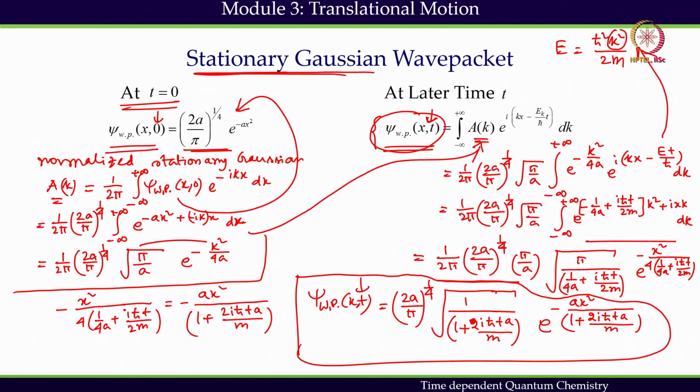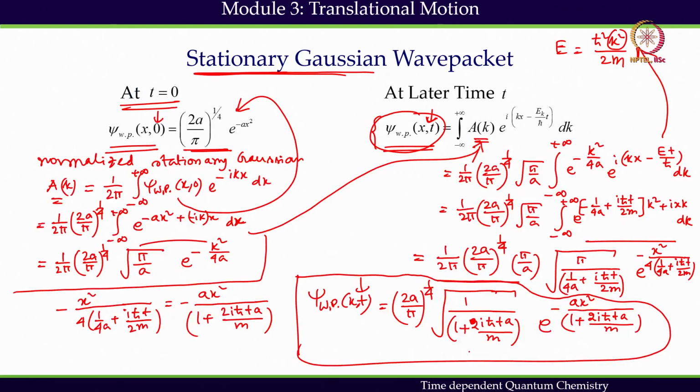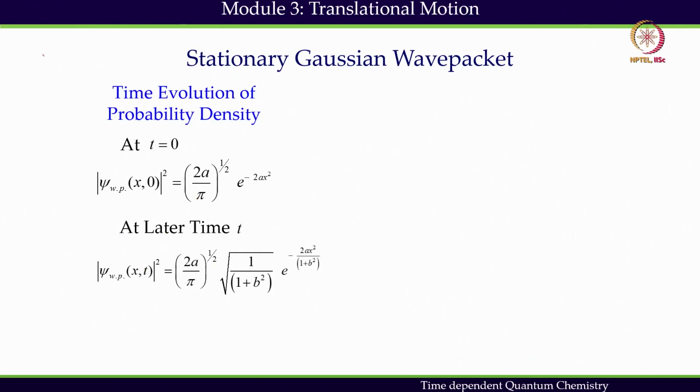And finally, we are interested in density, because that can be connected to the experiment. So we'll get the density also, and for getting the density, what we'll do, we assume that this 2 h cut t a by m equals b.